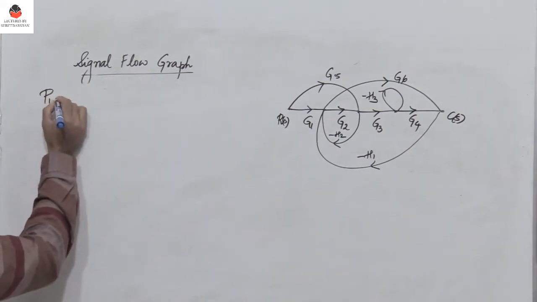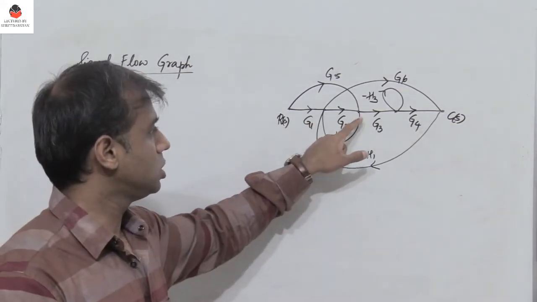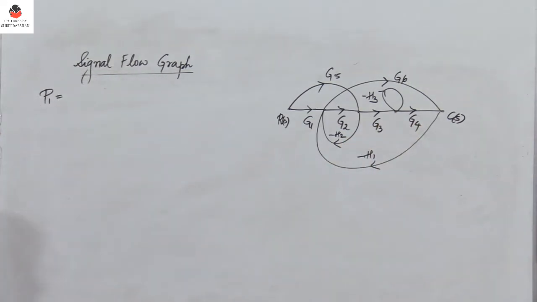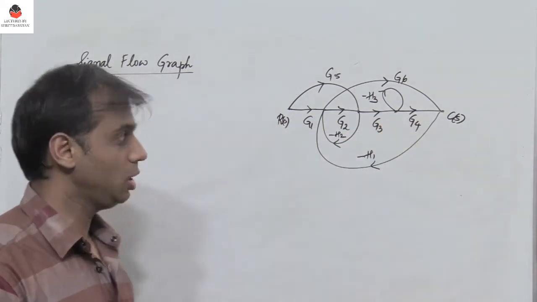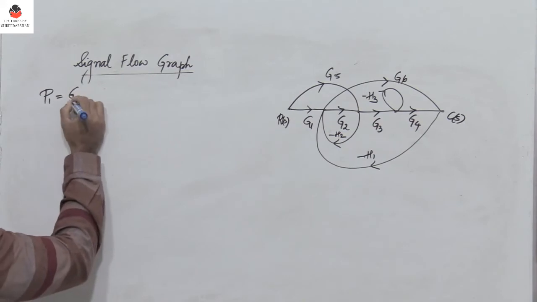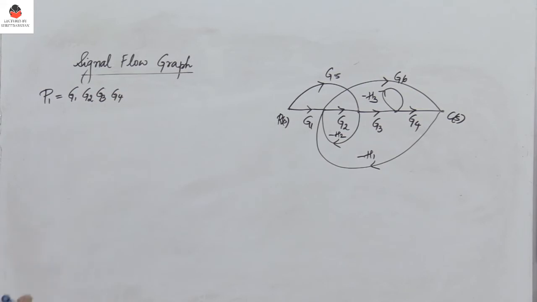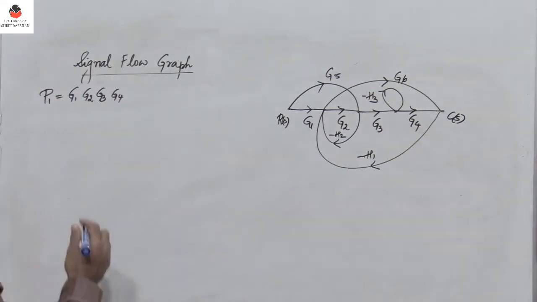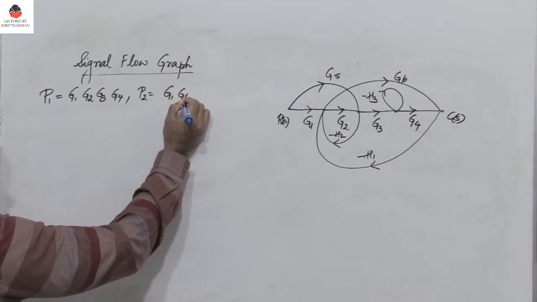Let's identify the first forward path. Very simple, I have G1 into G2 into G3 into G4, which forms the first forward path, such that no node is traced twice. All the nodes are traced only once. Then I have one more forward path, P2 equals G1 into G6.